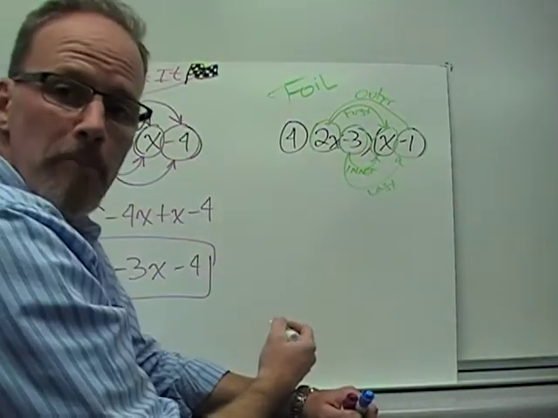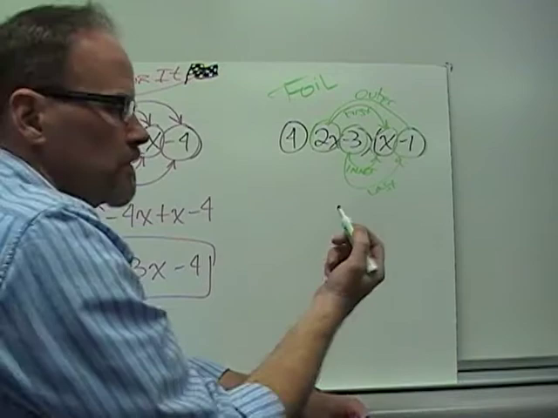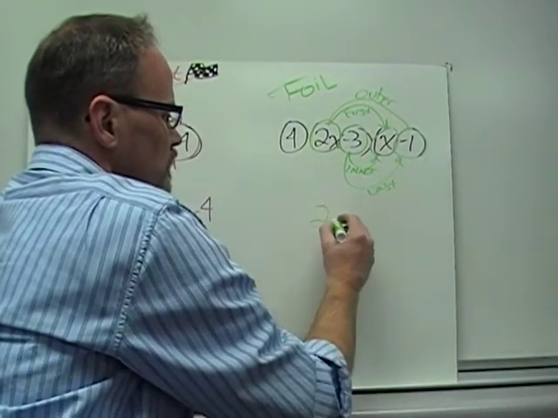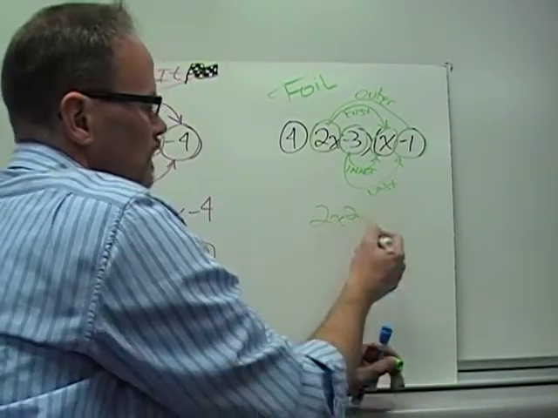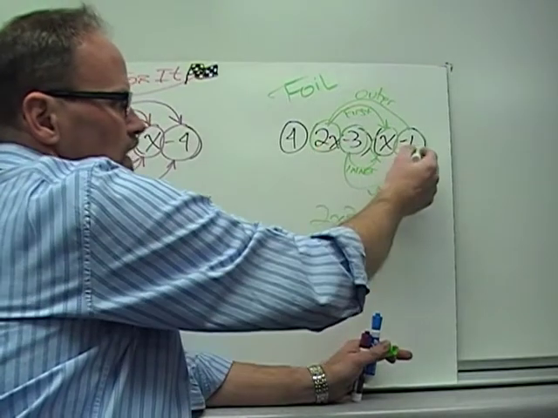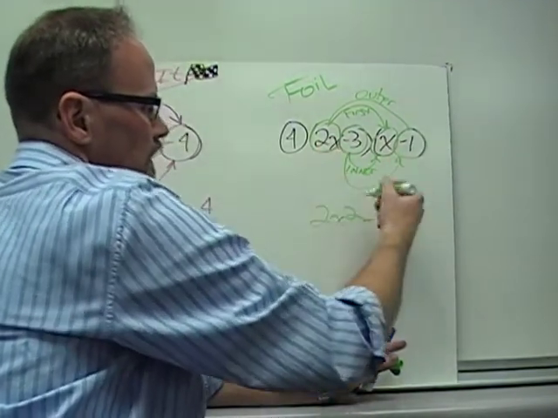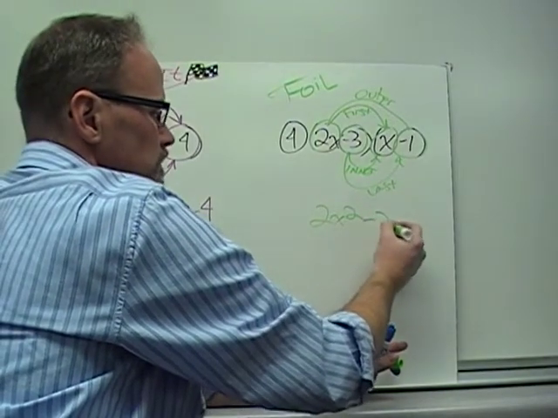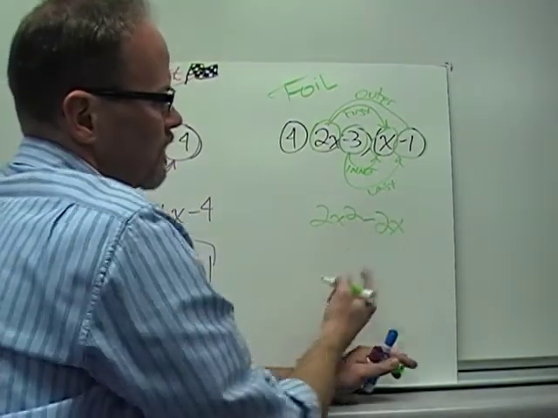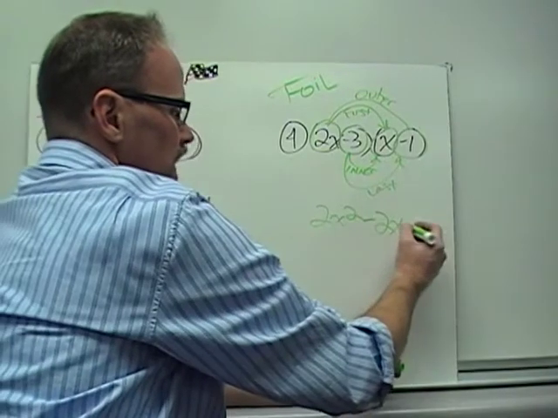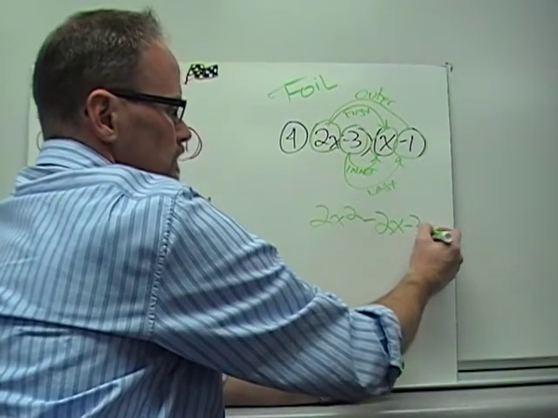2x, or positive 2x times a positive x. Well, that's a positive 2x squared. Positive 2x times negative 1. That positive and a negative make a negative, and so that's negative 2x. Running out of room. Negative 3x.